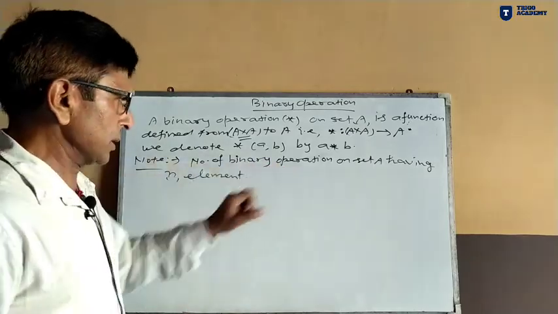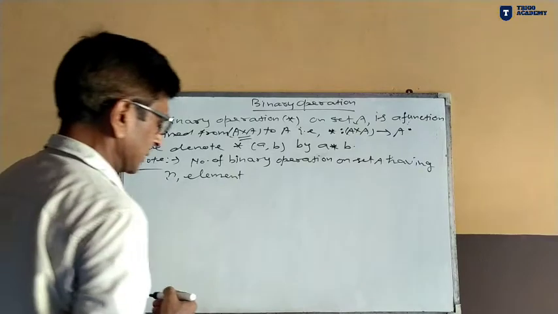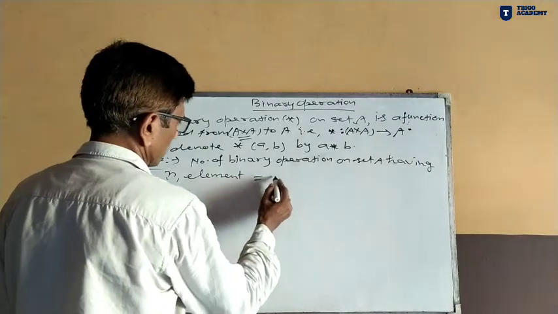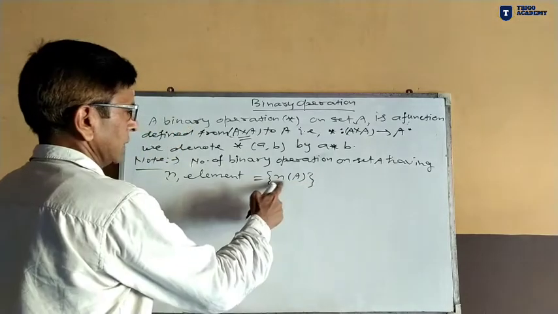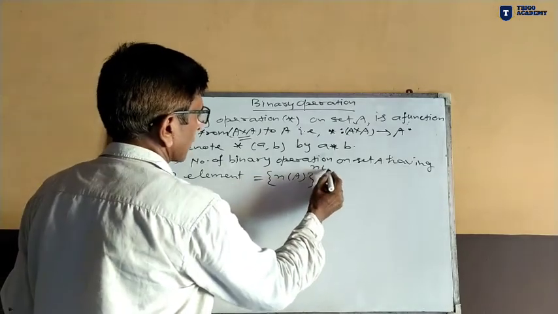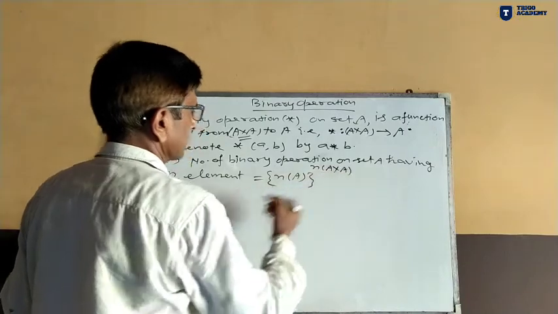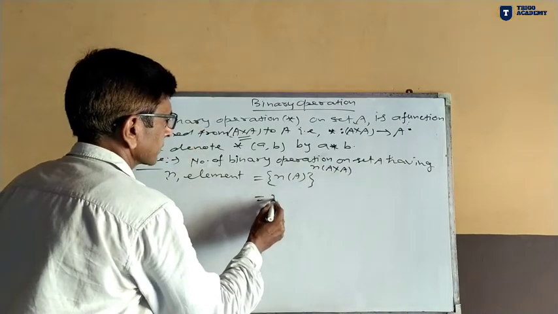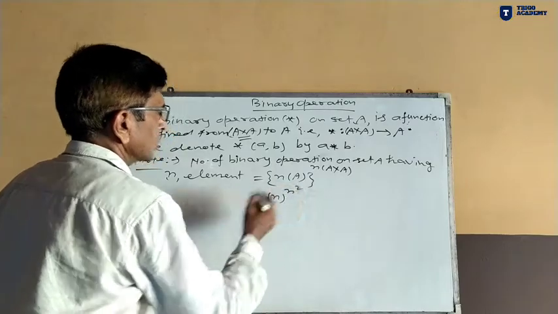Number of binary operations on set capital A having n elements is equal to n to the power n(A cross A), that is n to the power n squared.